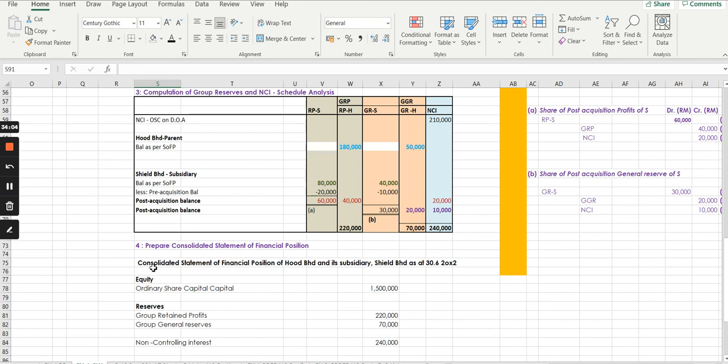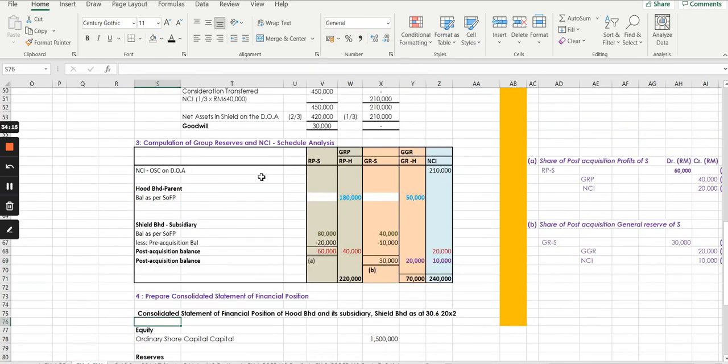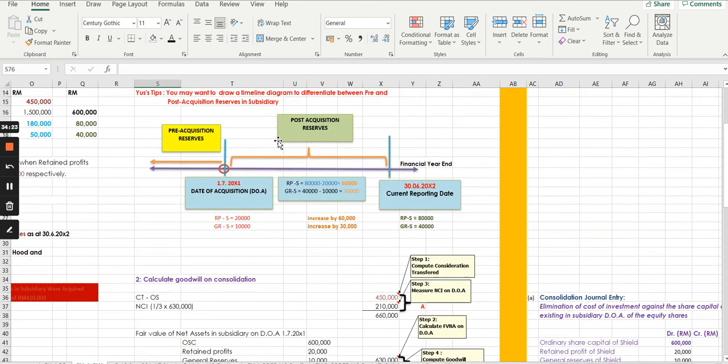Remember, that is done on a subsequent date, which is on 30th of June 2000X2. I remind you, you acquire on the date of acquisition, 1st of July 2000X1. And this example is also talking about pre and post acquisition reserve.